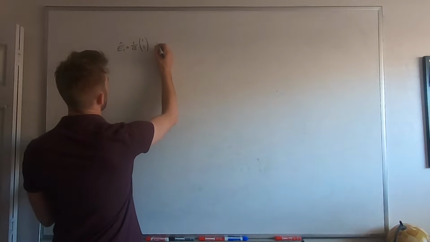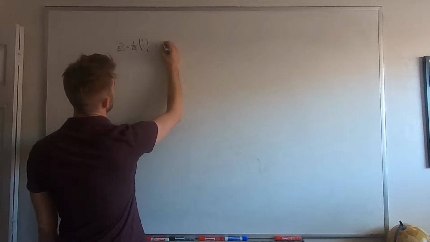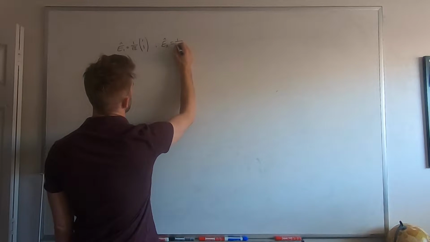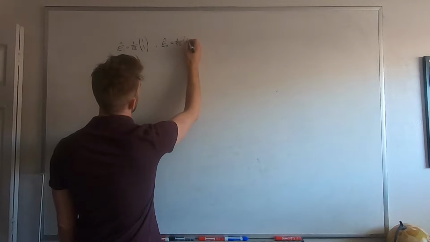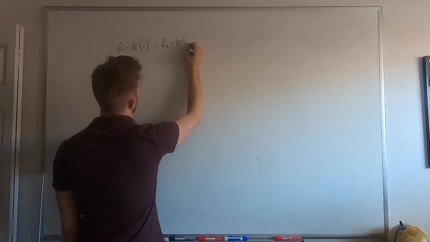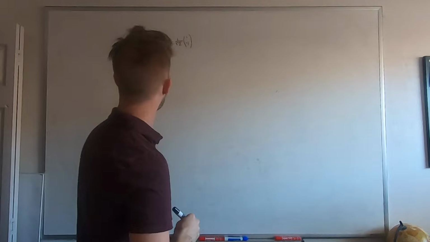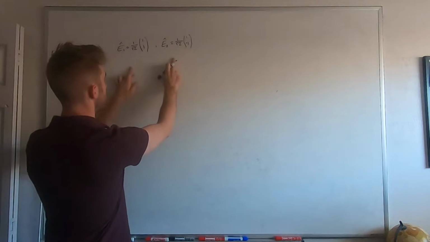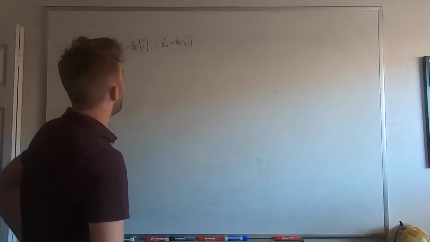And then we're going to have a second eigenvector, which will be 1 over the square root of 2, with 1 and negative 1 for the column. So we have our two eigenvectors normalized with this coefficient up front.